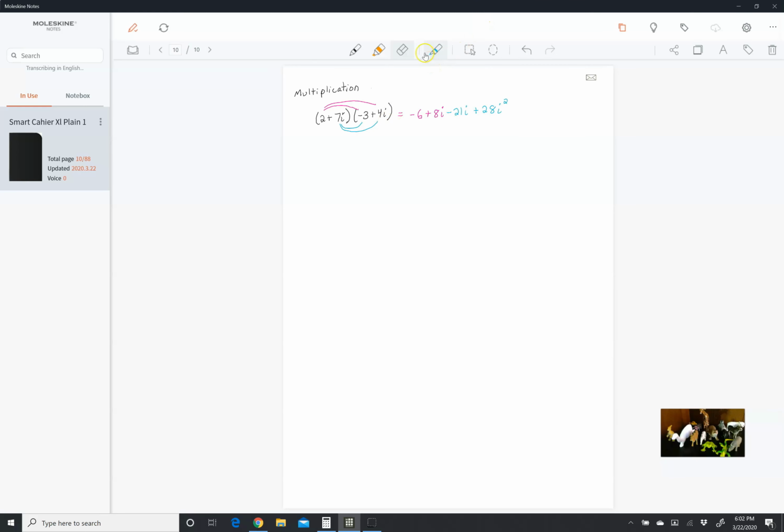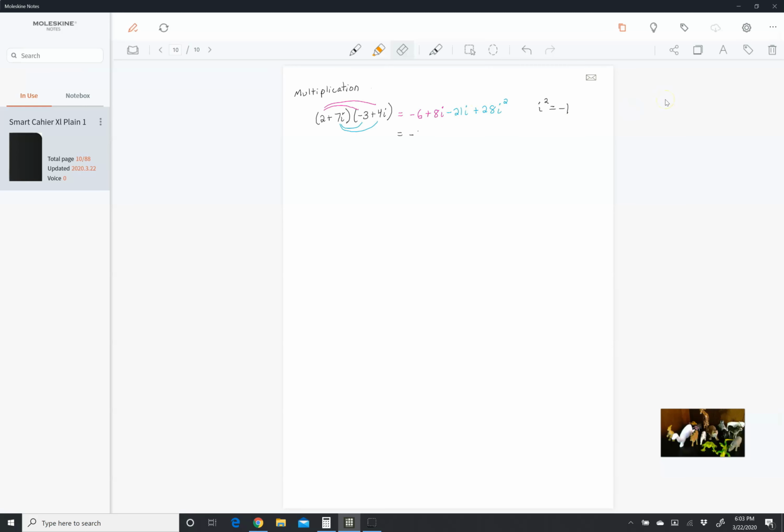Okay, and I'll put in a little side note: i squared equals negative 1. So this is another case where we don't want to leave this as an i squared. We want to turn this into a negative 1. So when we take 28 and we multiply by negative 1, this is going to become a negative 28.